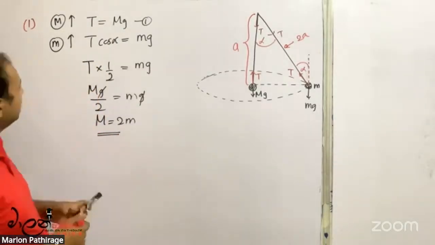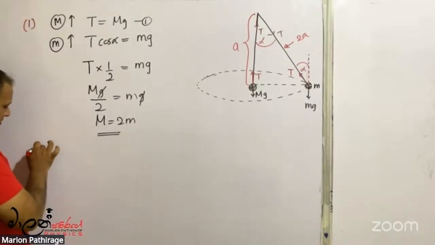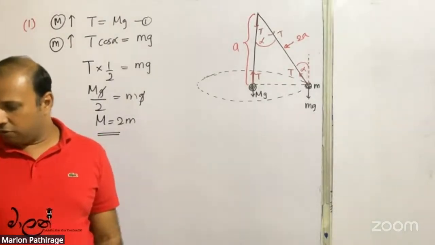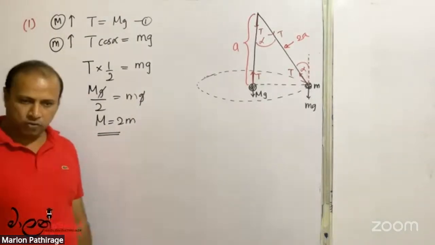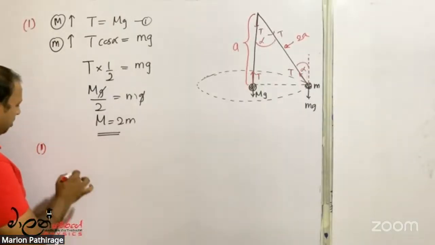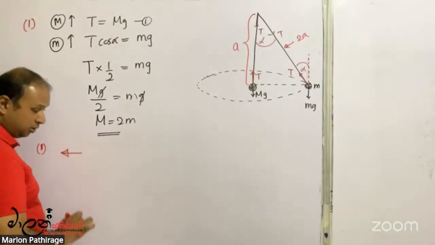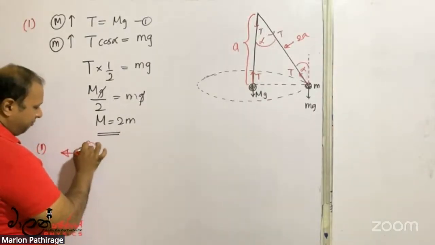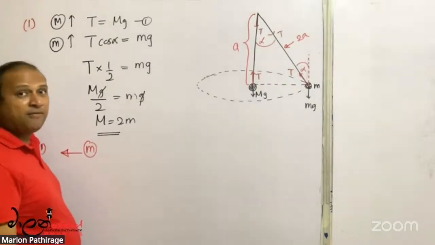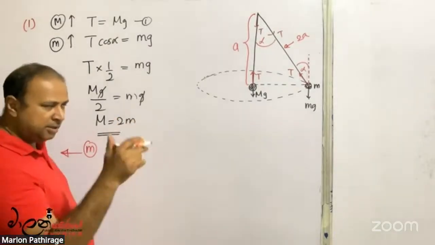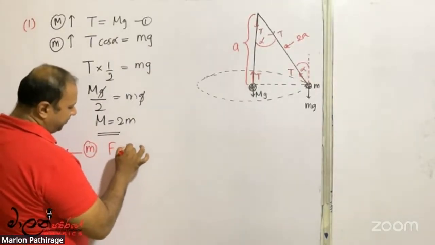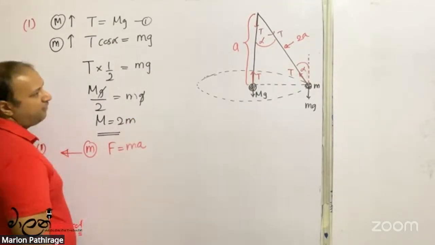Okay. Then, second question. Tension force is equal to M a omega square, 2a omega square. Then we can apply F equal to m times acceleration toward the center of the circle for small m.